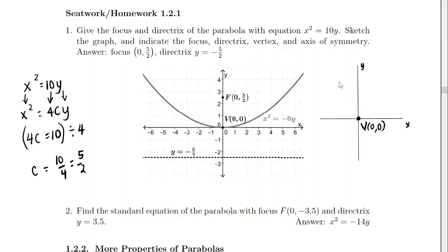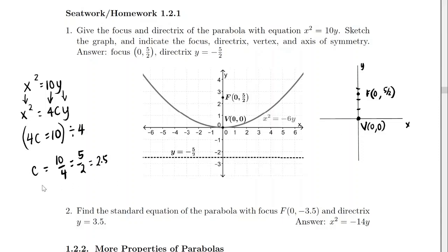And we know that the parabola opens upward since both sides of the equation are positive. So the focus is 5 over 2 units, or 2.5 units, above the vertex. So the focus is at the point x is 0 and y is 5 over 2.